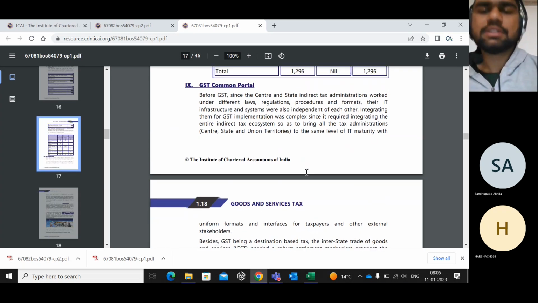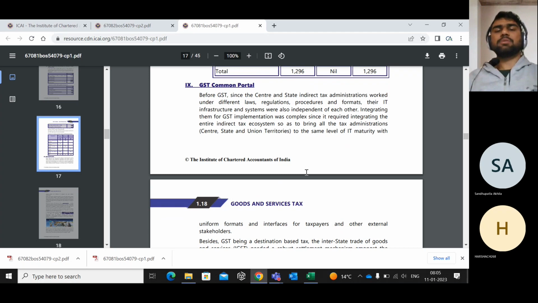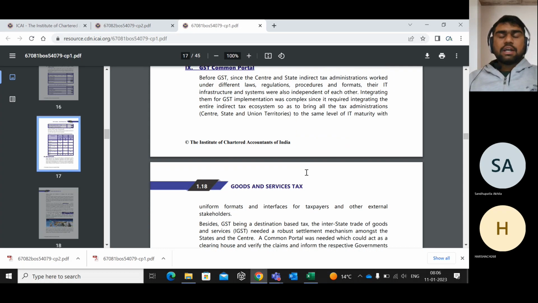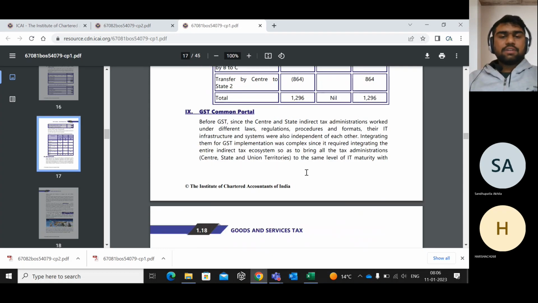The GST common portal is where we can file our returns, check our input credit ledger, and find GSTR1, GSTR2A, GSTR3B. It is also where we can register. As I told you, I need to compulsorily register if I cross a certain threshold limit.